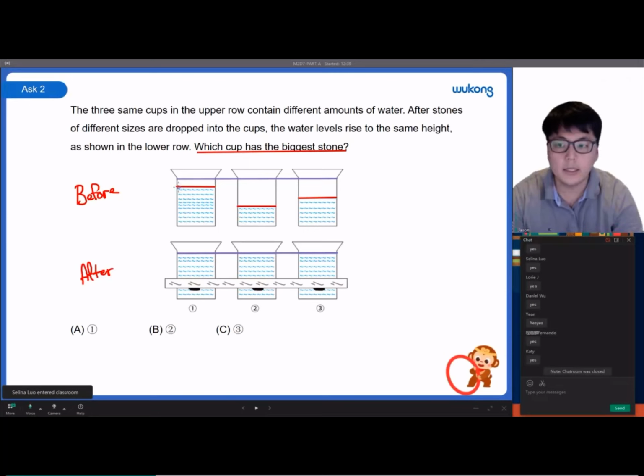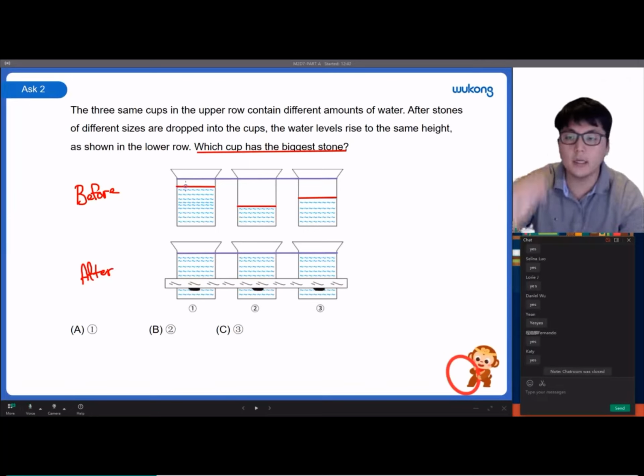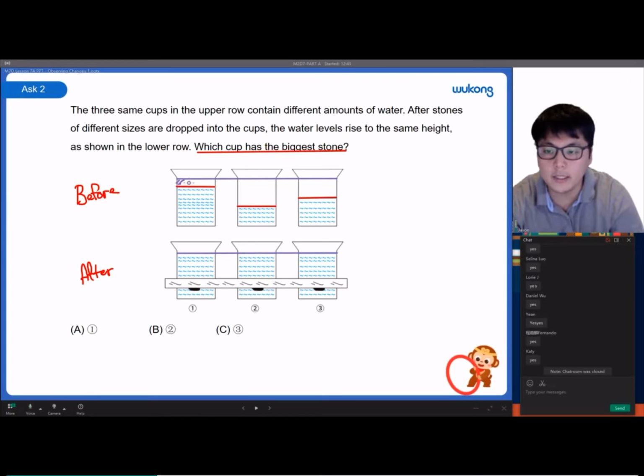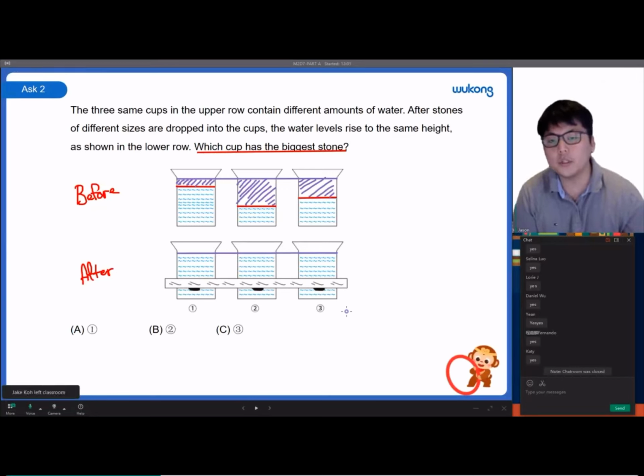Now, guys, before, the water was all the way up to the red line, but after putting a stone inside, this is how much the water level went up. Do you guys see that? So raise your hand if you think you know which cup has the biggest stone.